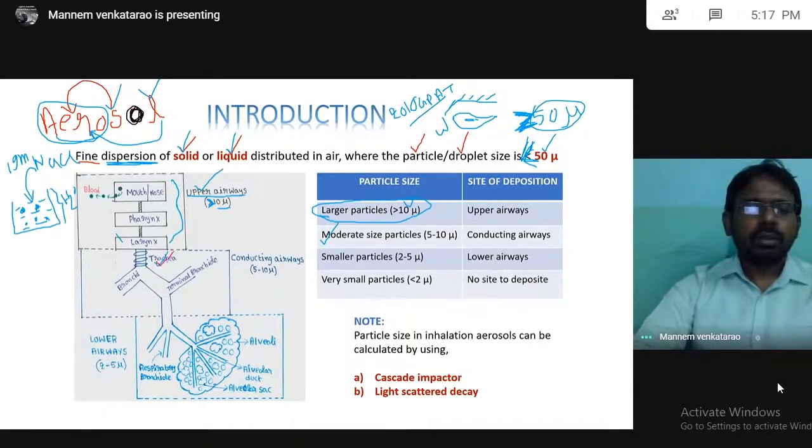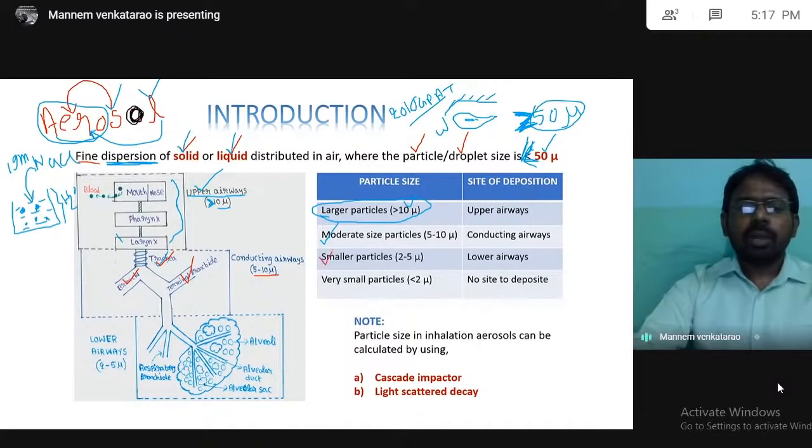These three tissues are collectively called conducting airways. In conducting airways, the particles that can either deposit or enter into blood are 5 to 10 microns. But this 5 to 10 micron particle never enters into the respiratory bronchiole. It is confined to the conducting airways. It can either deposit or enter into blood only in this region.